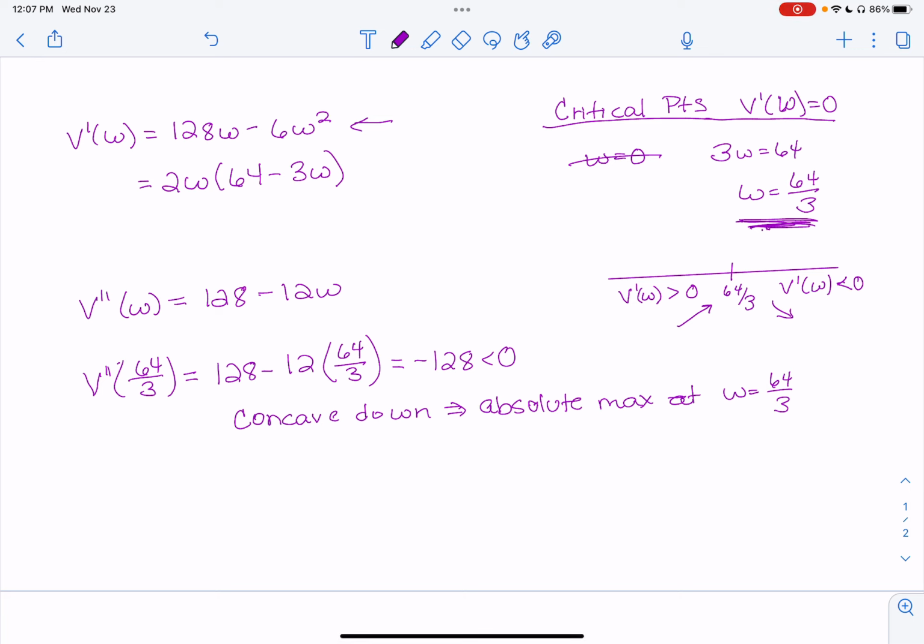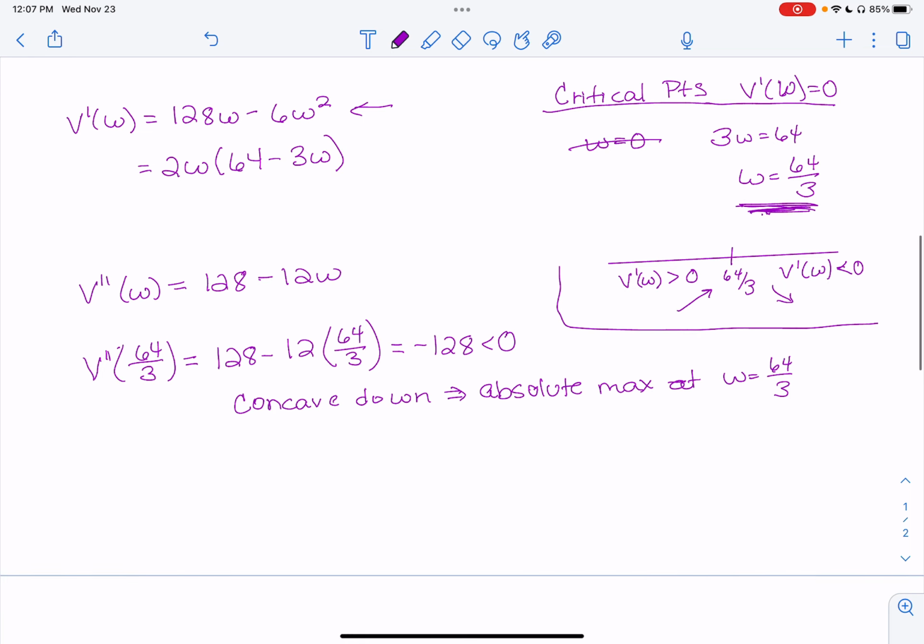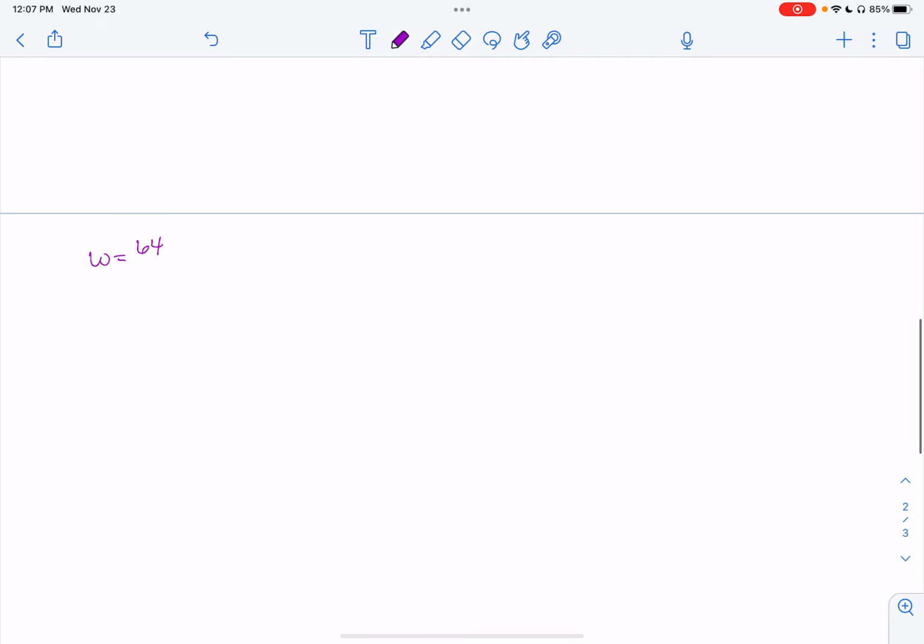So you know you have a maximum there. You're welcome to use the first derivative and look at increasing and decreasing. I think that the second derivative test is faster and it gives you the same information. All right, so what we know is we have an absolute max at w equals 64 thirds.